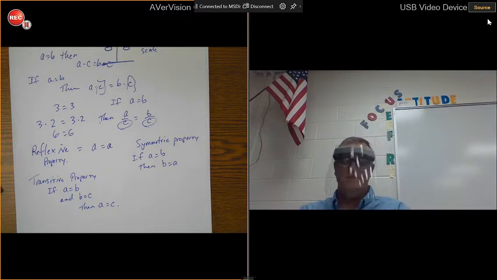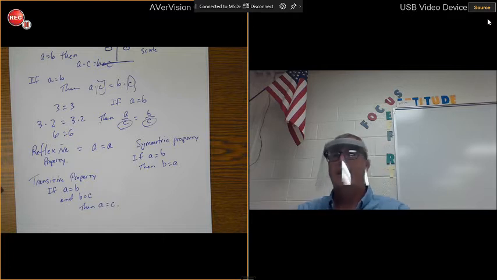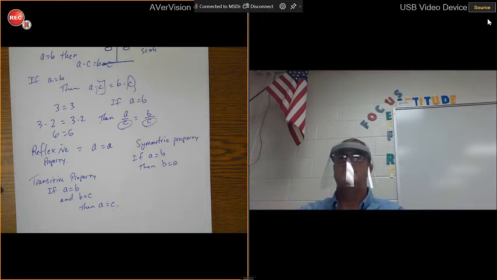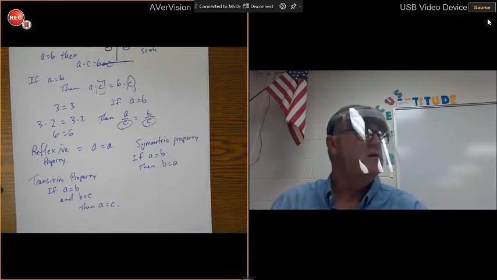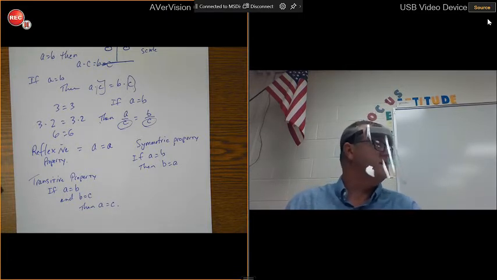The transitive property says if I'm taller than Kylie and Kylie's taller than Hope, then I'm taller than Hope. Work your way down the line. That makes sense? If I'm older than Maggie and Maggie's older than Keithan, then I'm older than Keithan. Now that's kind of an inequality, but it's also true in transitive.